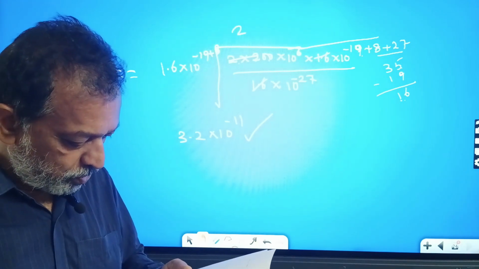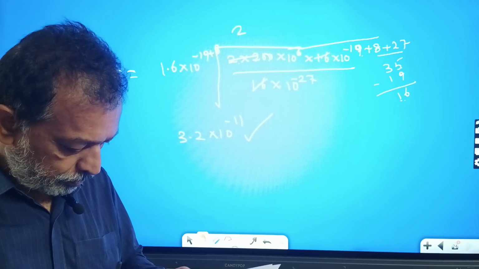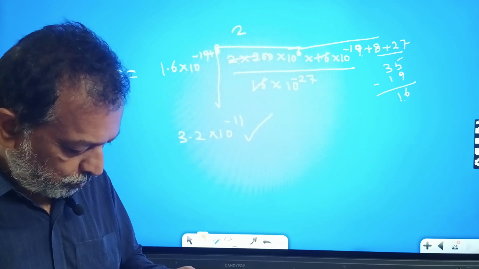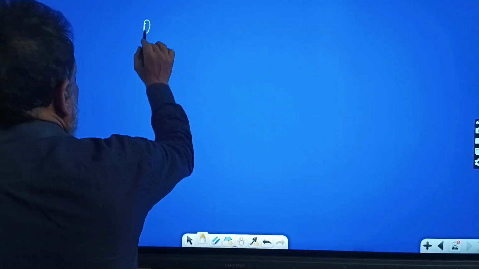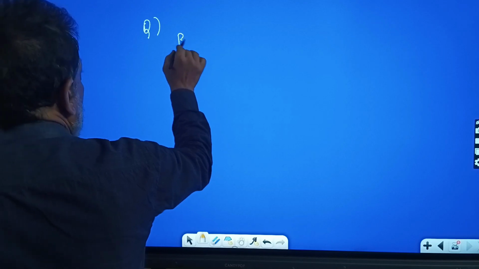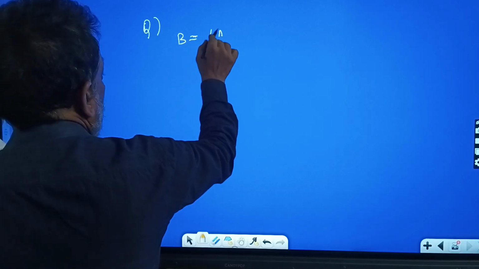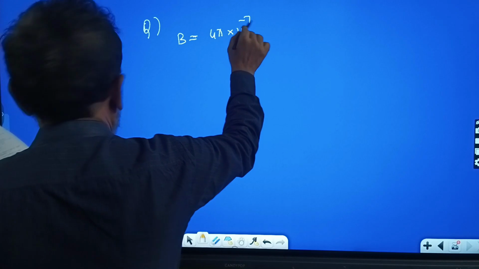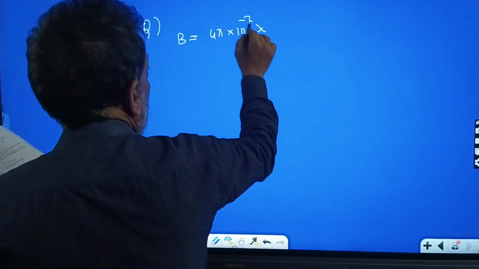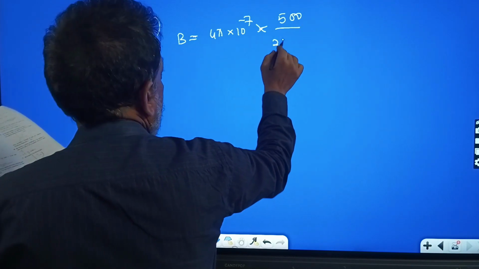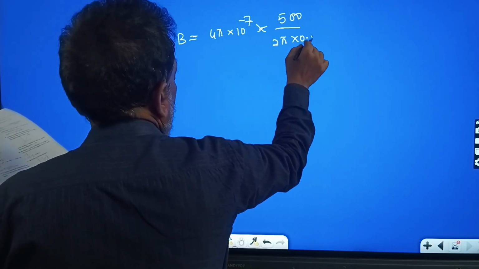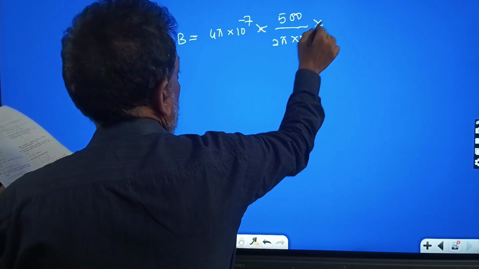There were 0.7. Please tell this value fast. Very simple. Now write, take this another value calculation. B is equal to 4 pi into 10 to the power of minus 7 into 500 divided by 2 pi into 0.1 into 0.5.